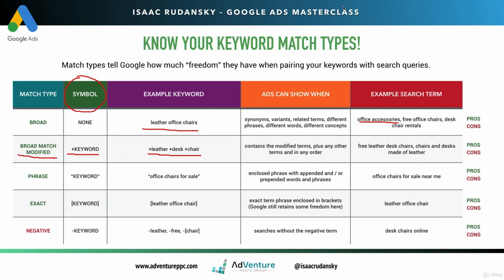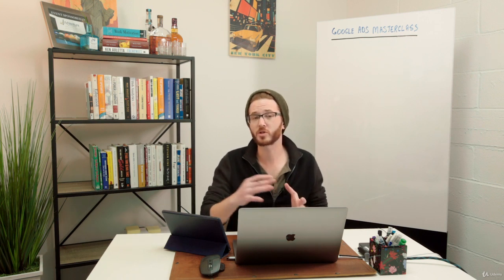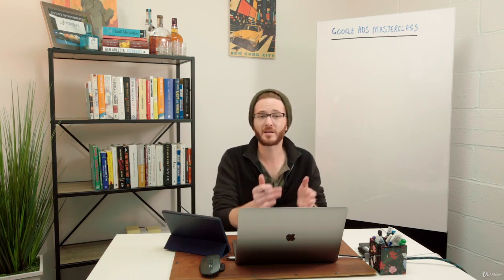Ads could show when a search contains the modified terms plus any other terms in any order. The defining characteristic of broad match modified, compared to phrase match really, is order. All you're doing with the plus sign is saying that that individual word has to show up somewhere in the search term, not necessarily in the order of my keyword.